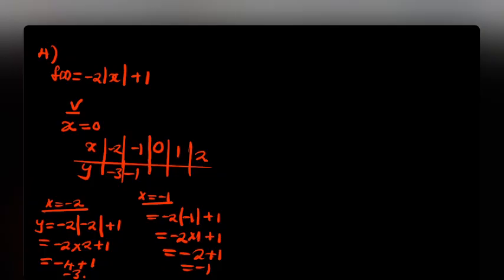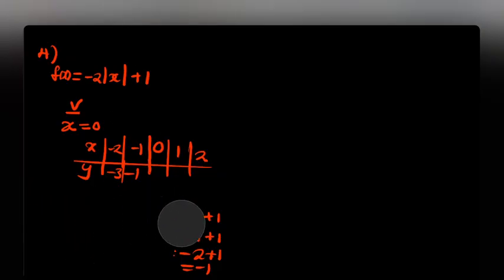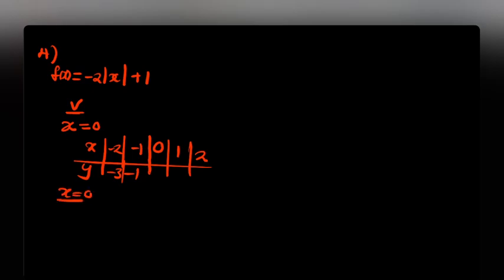Again, when x is 0, what value of y are we going to get? When x is equal to 0, we have -2 times the modulus of 0, plus 1. The modulus of 0 gives us 0, then plus 1, so this gives us +1 here.